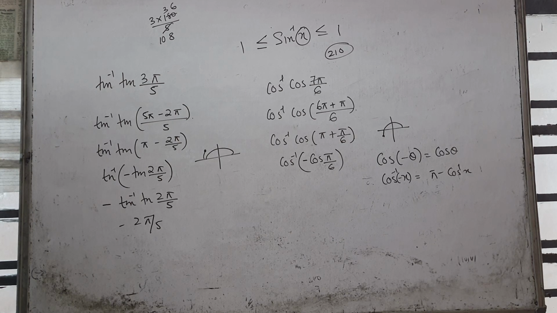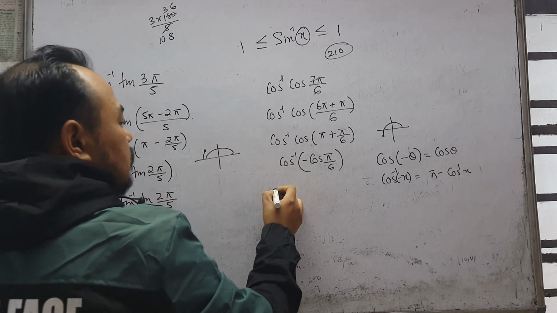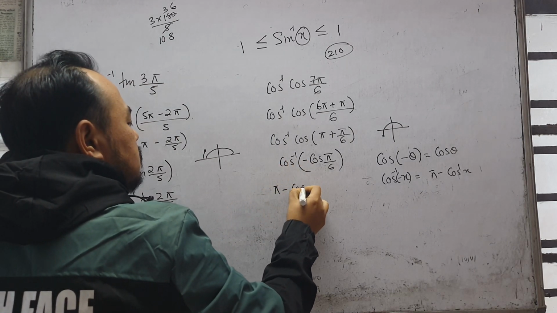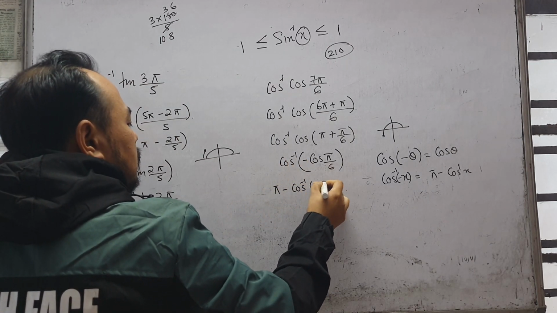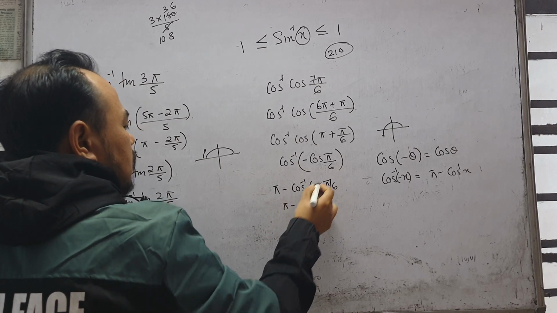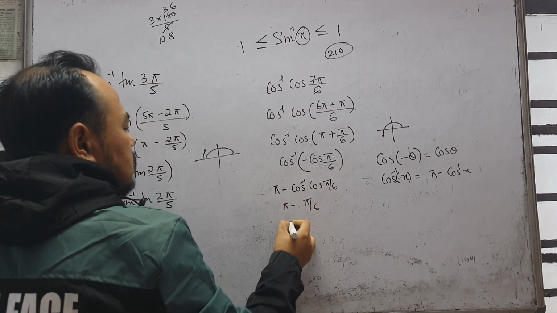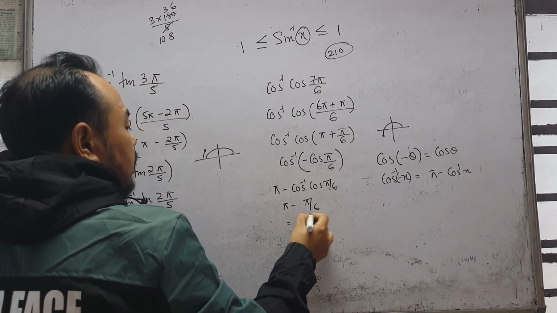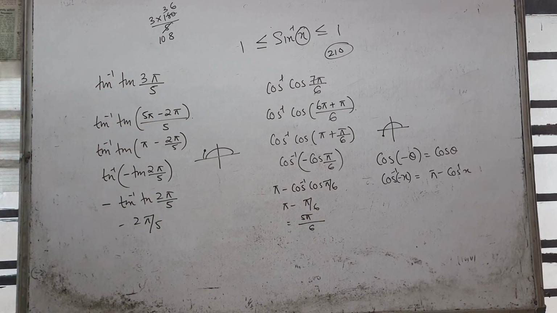Whereas for cot, sec, and cos, pi comes out. So what is the answer? Pi minus cos inverse of cos pi by 6. So now cos inverse and cos get cancelled. So what is the answer, guys? 5 pi by 6. Please don't forget this. Is it clear? Okay.